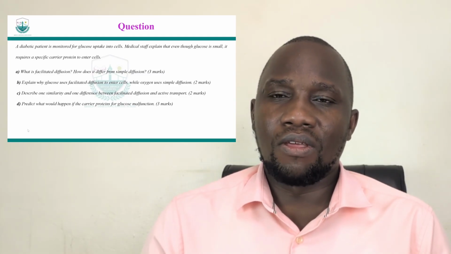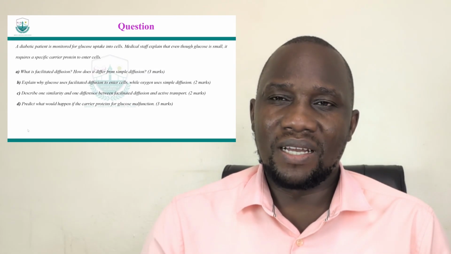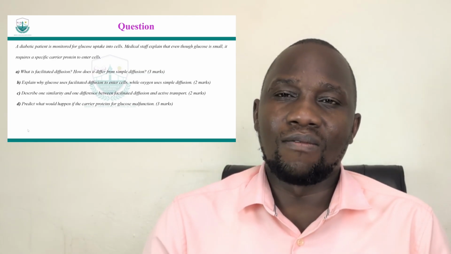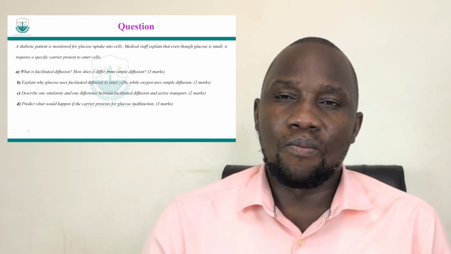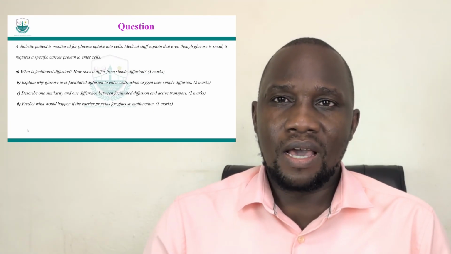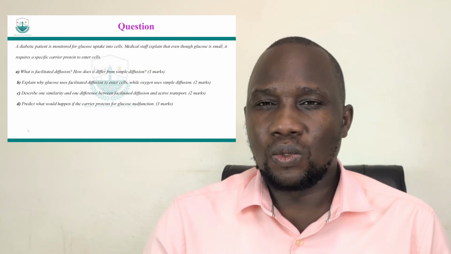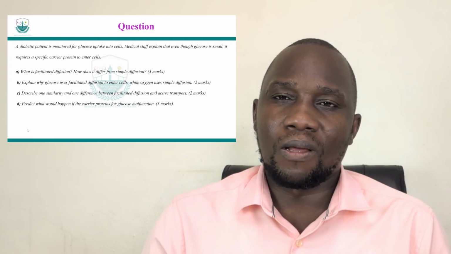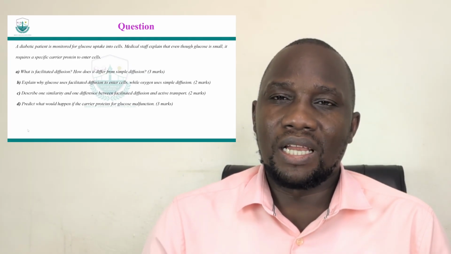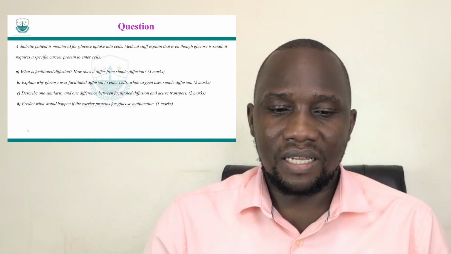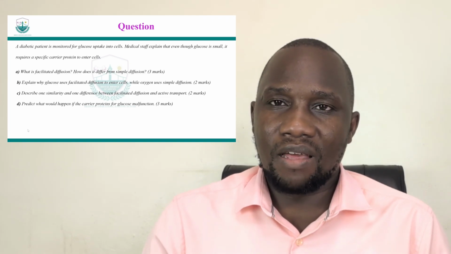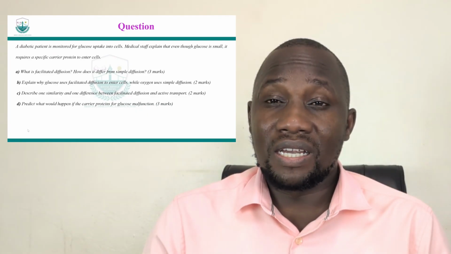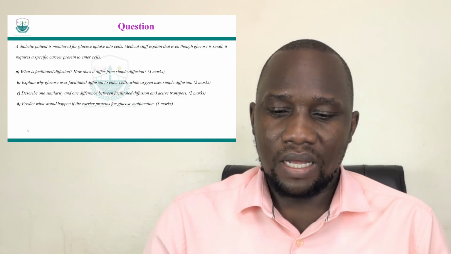And then when the glucose is in the bloodstream, it has to be taken up by the cell such that you have normal blood glucose levels. And therefore, if we cannot take this glucose into the cells, then you're going to have high glucose levels in blood, and that is an issue to do with diabetes mellitus. Okay, so you have increased glucose in your blood.